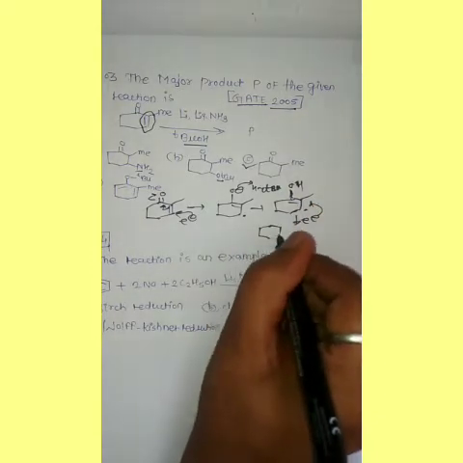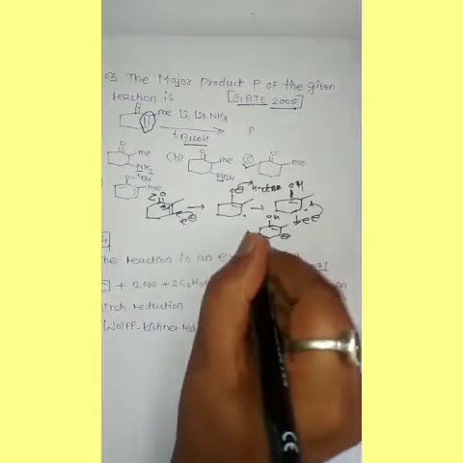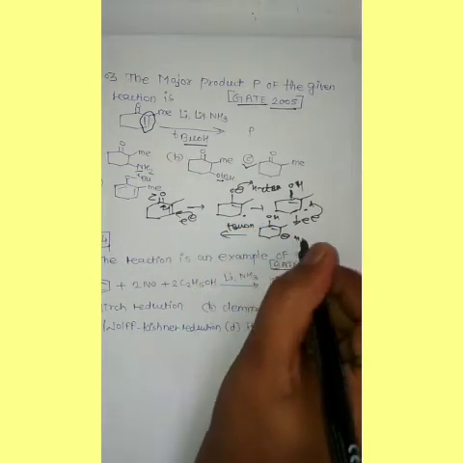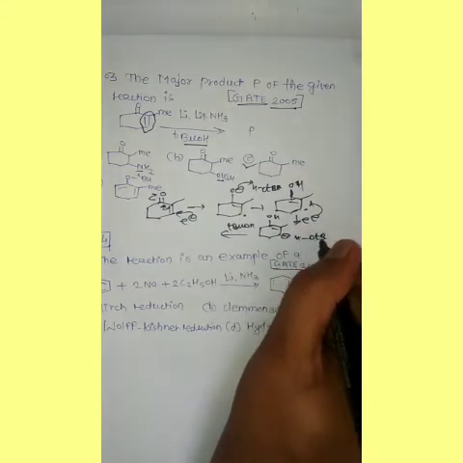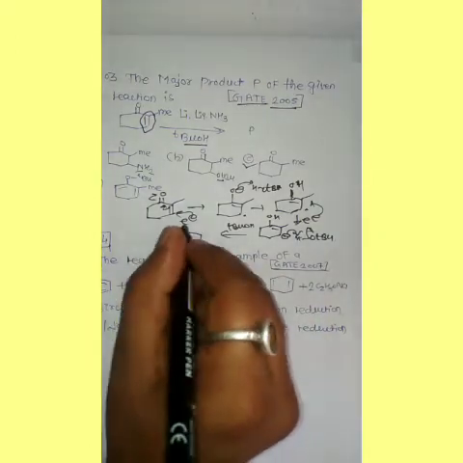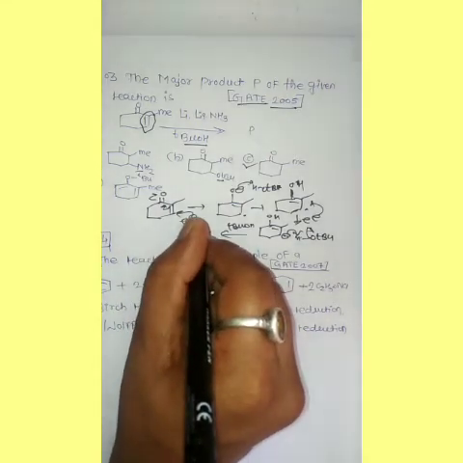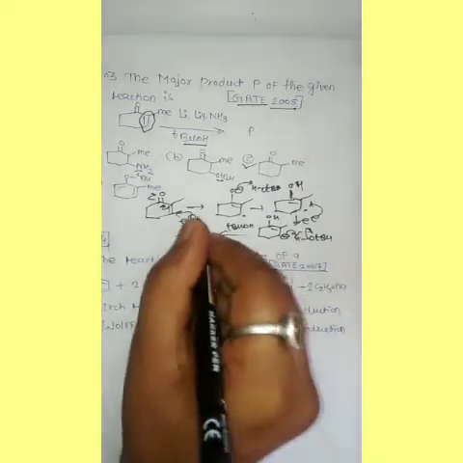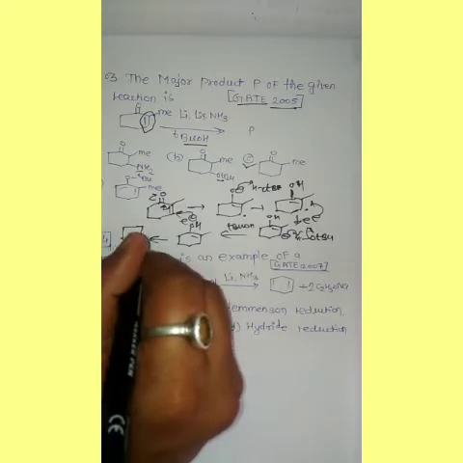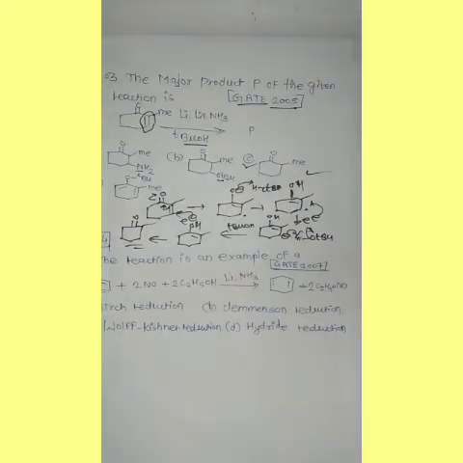We get this anion. It abstracts the proton from the solvent again in this position. So it is OH. Okay, and we write the keto form of this group. We get this product. That is option number C is correct.